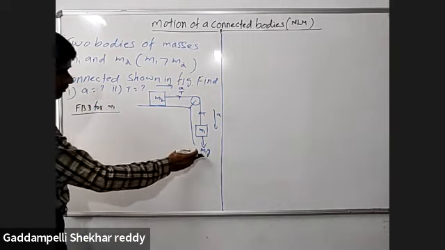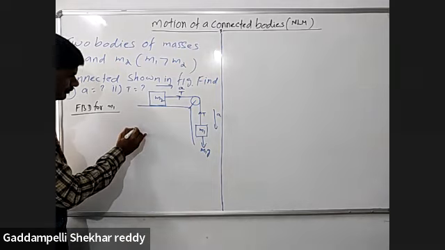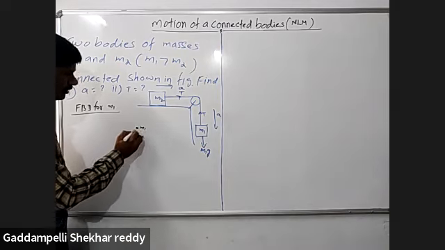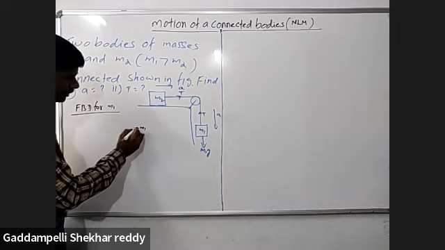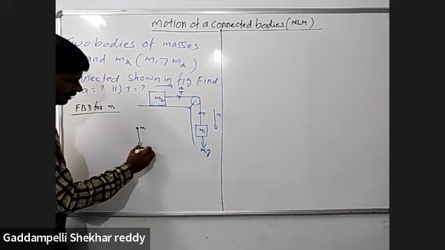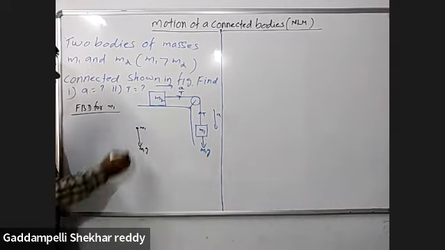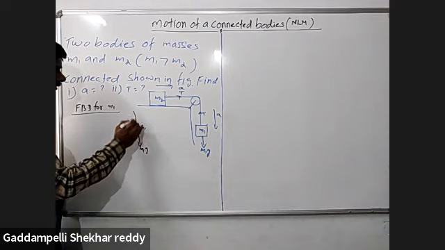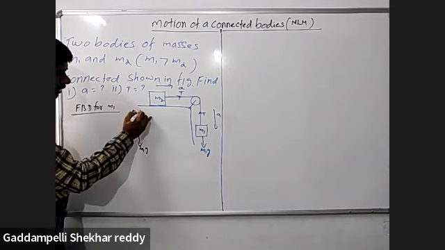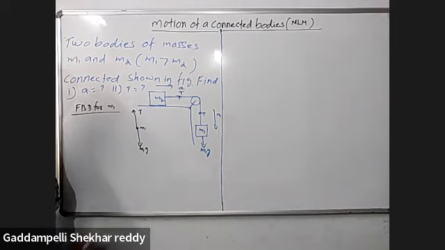M1 is separated from the system and taken as a point mass, with all the forces on M1: the weight M1g vertically downward, and the tension away from the point mass.